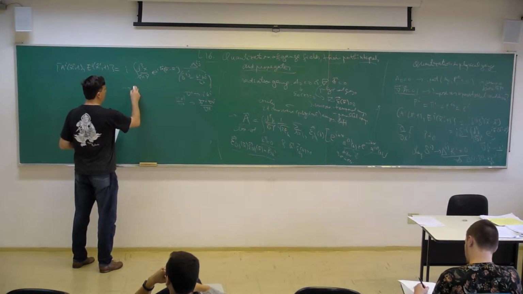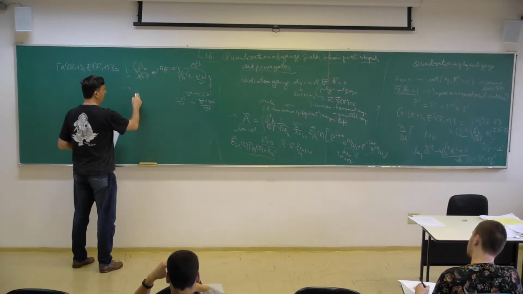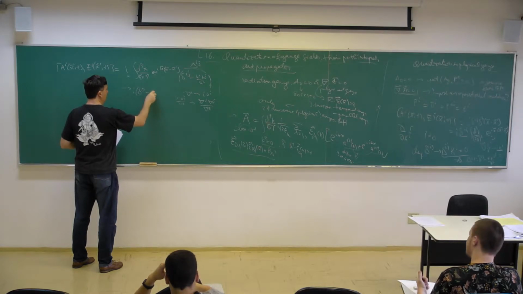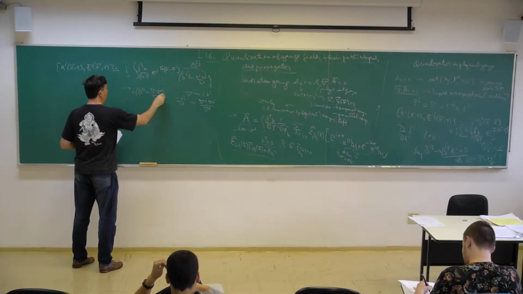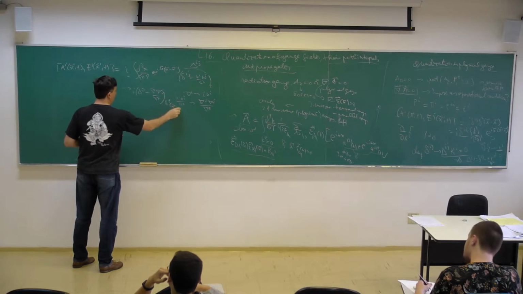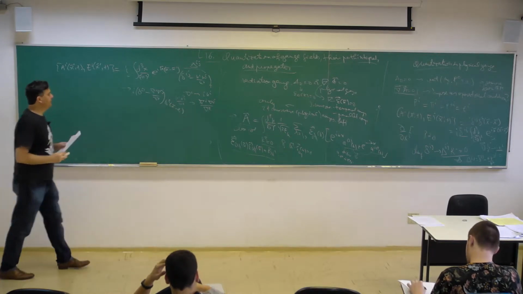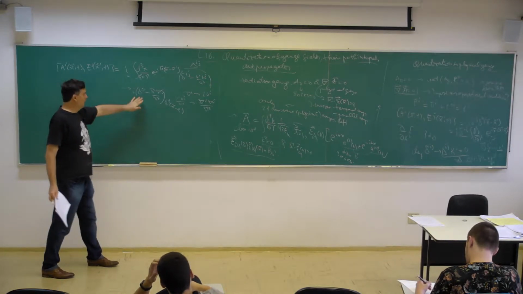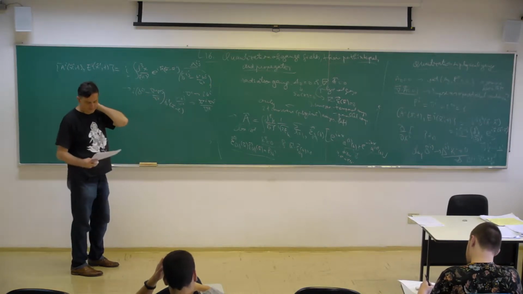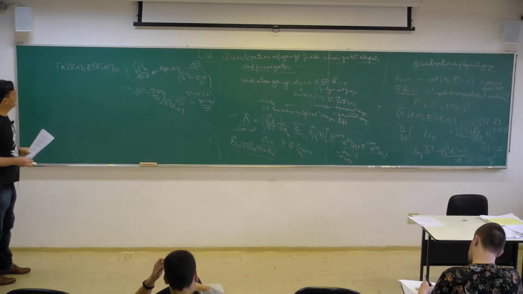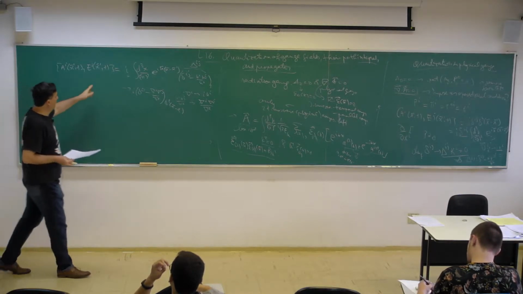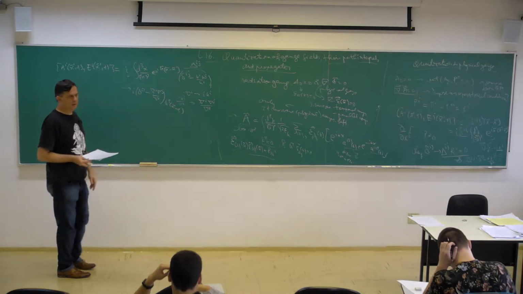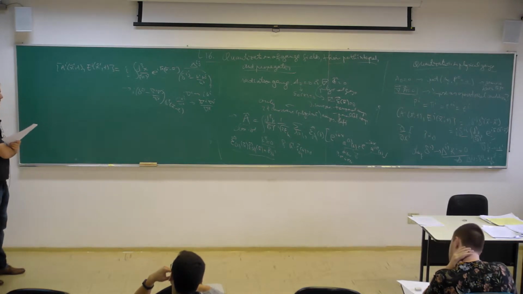So this is thought of as i times delta ij minus del i del j over del squared acting on delta. I mean, this is formal, of course. You don't even know what this means unless you do the Fourier transform, but just as a way of saying that really it's an action on the delta function.